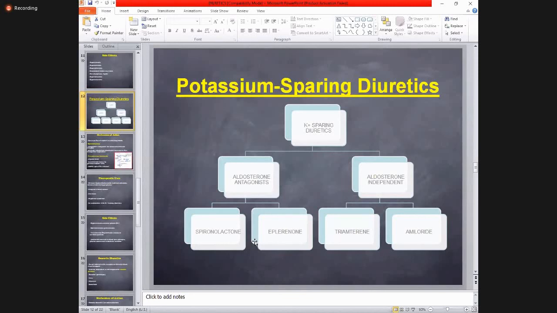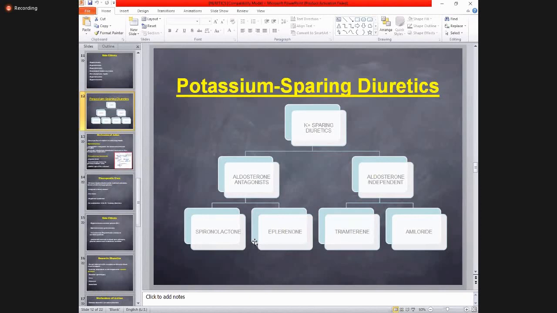The thiazide group is the first choice in the treatment of mild to moderate hypertension, right? Why do we prefer thiazide diuretics in controlling hypertension? Because loop diuretics may cause excessive loss of fluid.